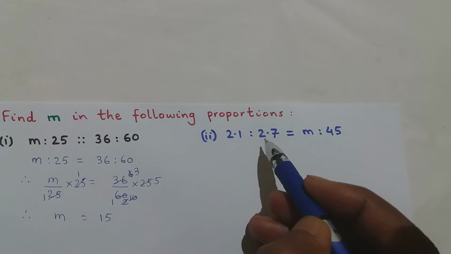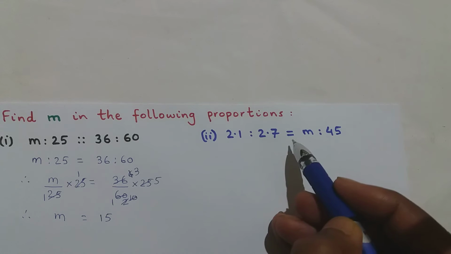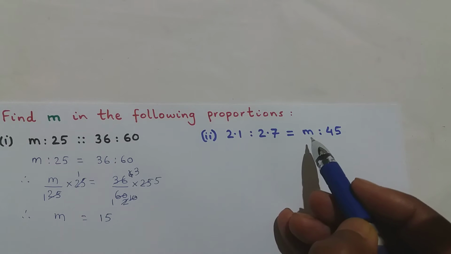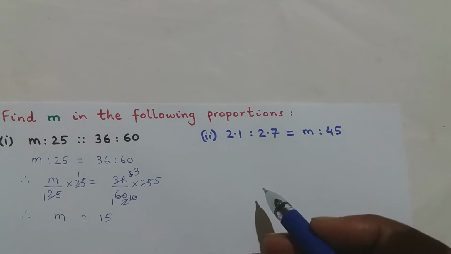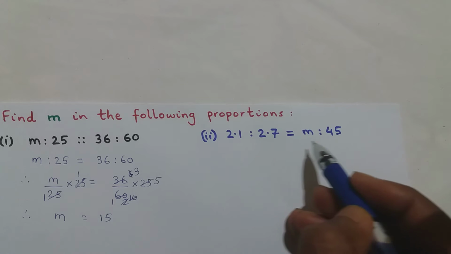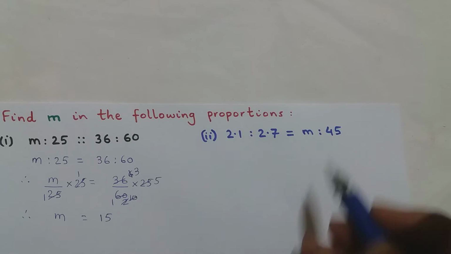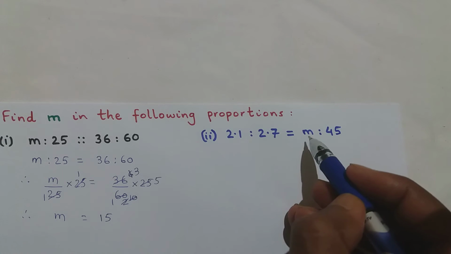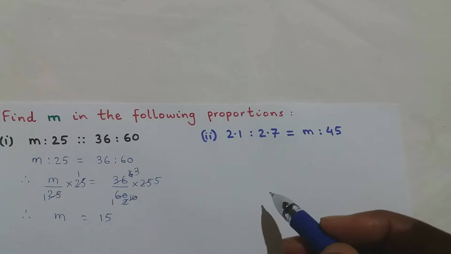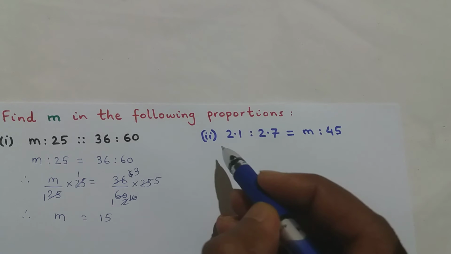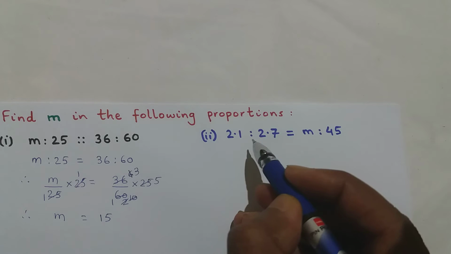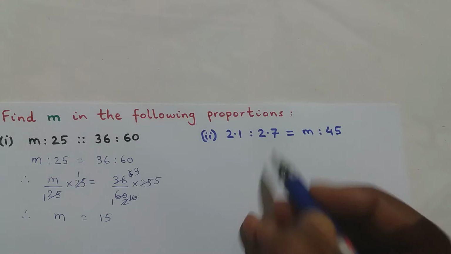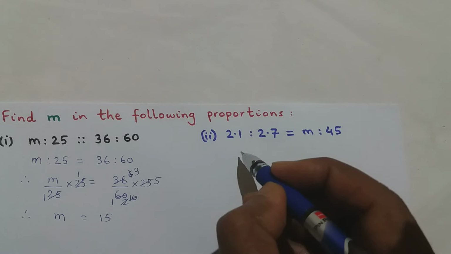2.1 is to 2.7, that is equal to m is to 45. So we have been given this equation and we have to find the value of m. So let us start solving question number 2.